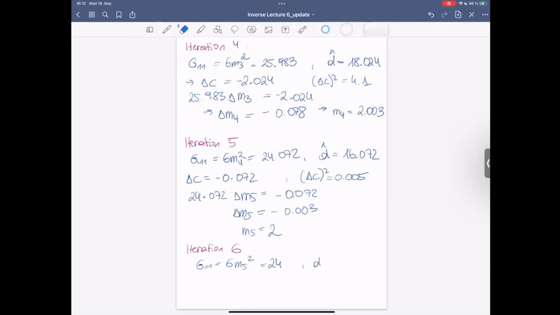The prediction is now 16. We know that our observed data is 16. So delta C equals 0. And we finally converged.